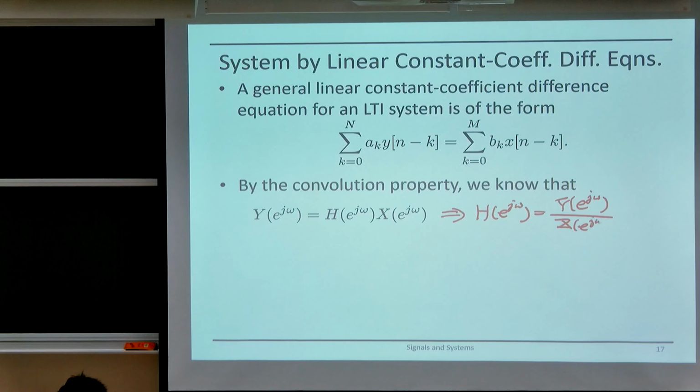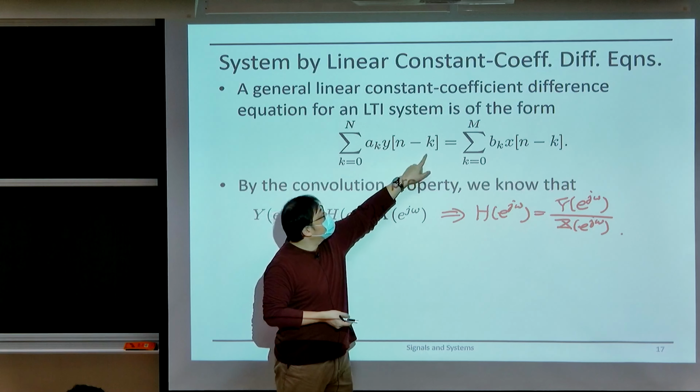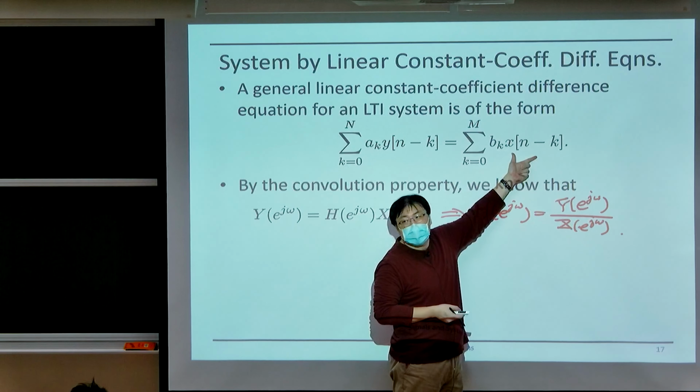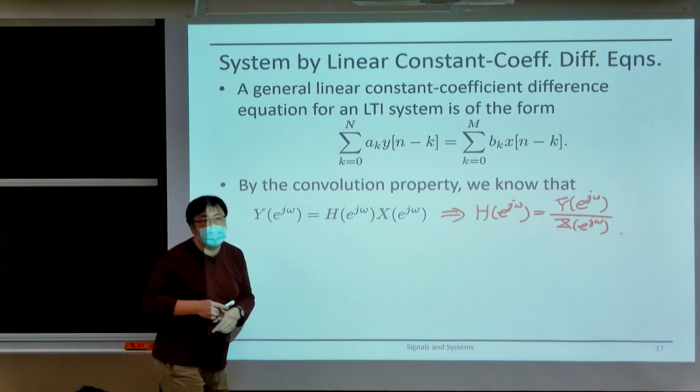Now you can do that easily by just taking the Fourier transform of these signals on both sides of the equation. When you take the Fourier transform of y of n minus k, what you have is the spectrum of y with a phase shift depending on k. And similarly for the Fourier transform of x of n minus k.